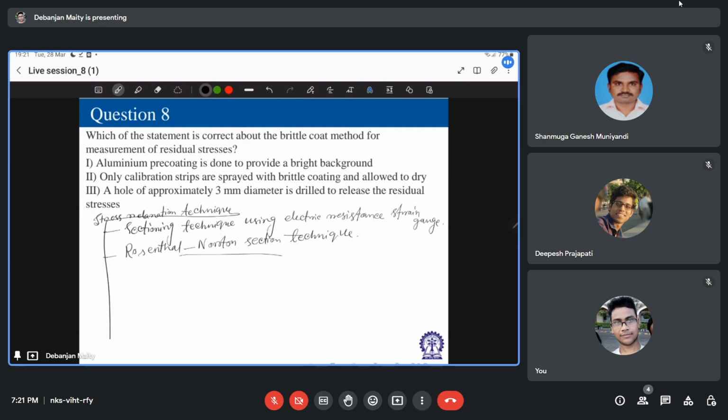This technique is now out of order; people don't use this kind of technique now. Just to say something about it, this is intended for application to thick section weldments. We can skip this technique.